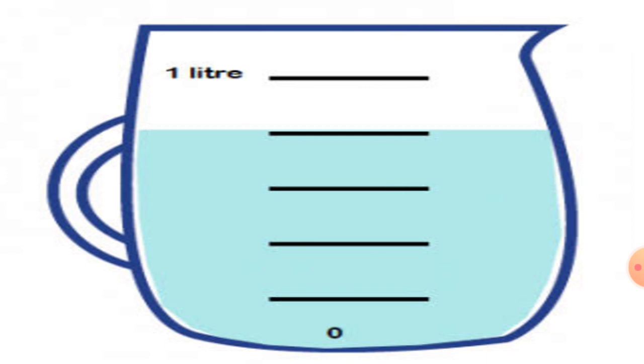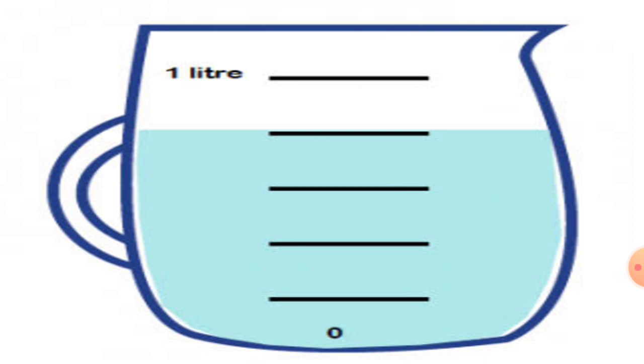And the top line is written 1 liter. Which means each line is 200 milliliters. 200 in 5 places will give us 1,000.